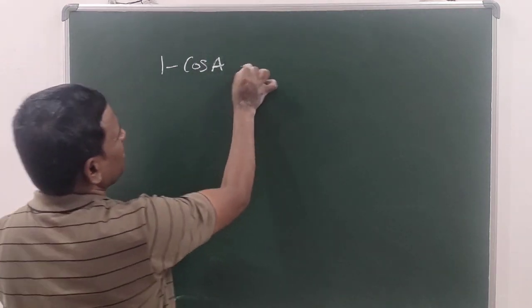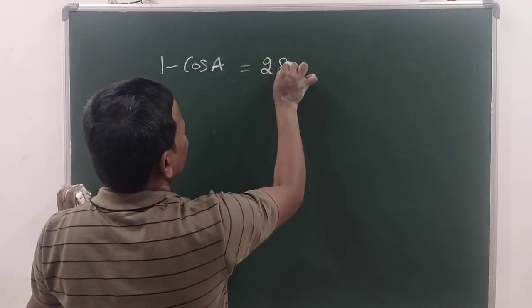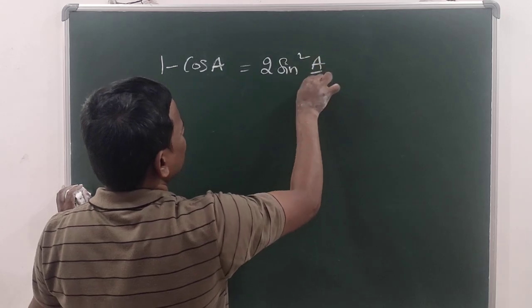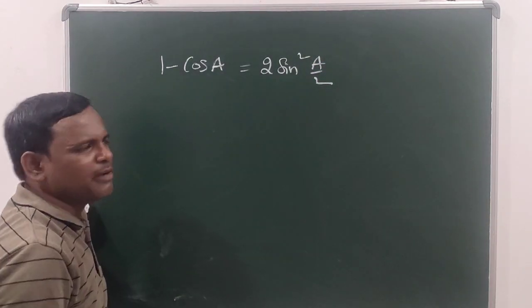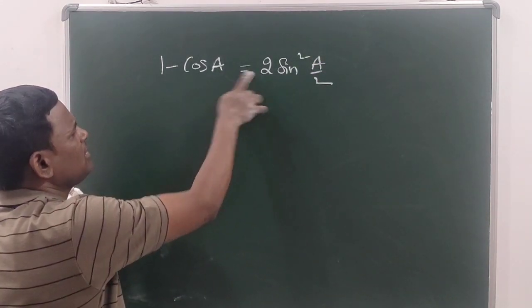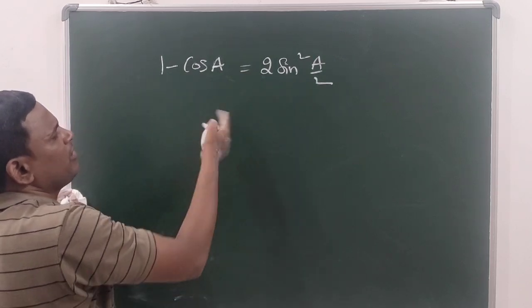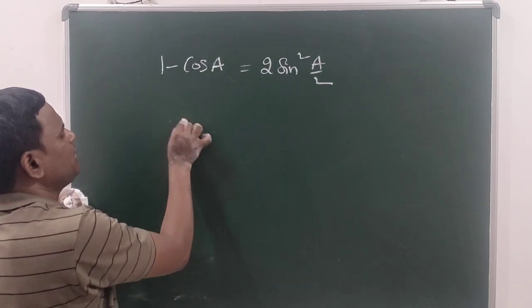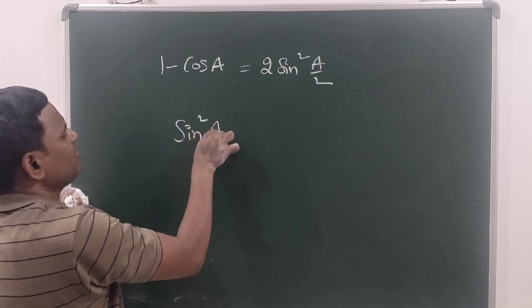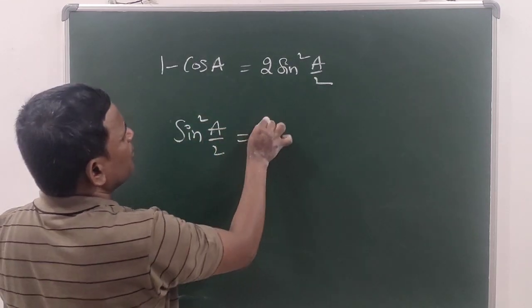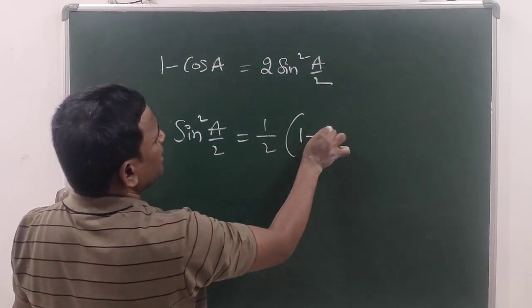So 1 minus cos A can be written as 2 sine square A by 2. Am I right? Now bring this 2 to the left side so that you will get sine square A by 2 is equal to 1 by 2 of (1 minus cos A).